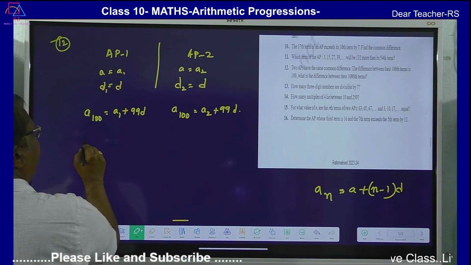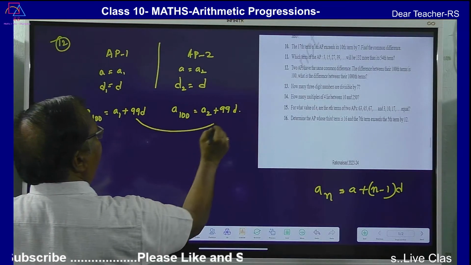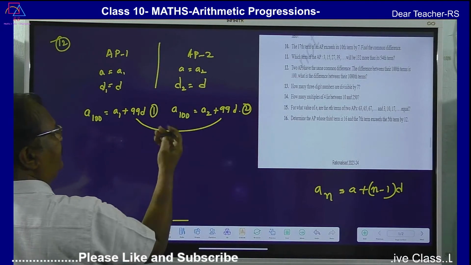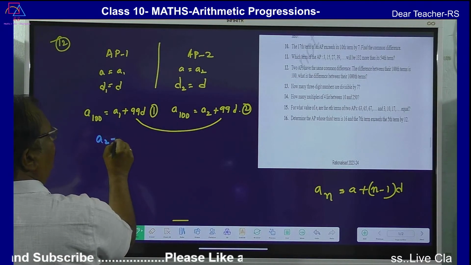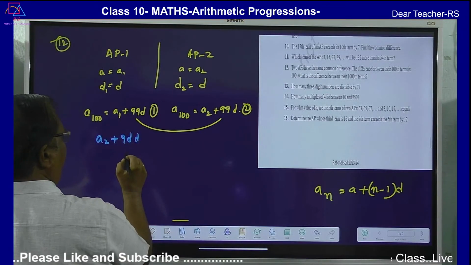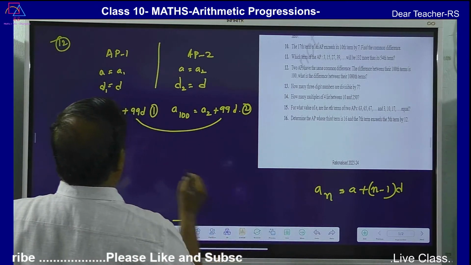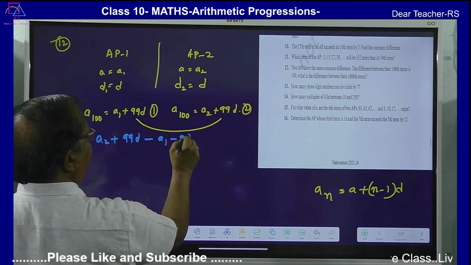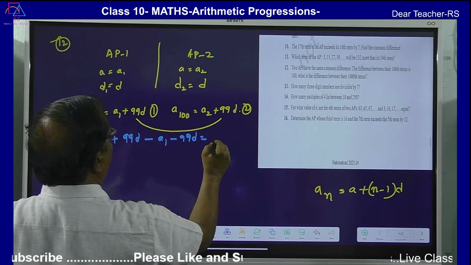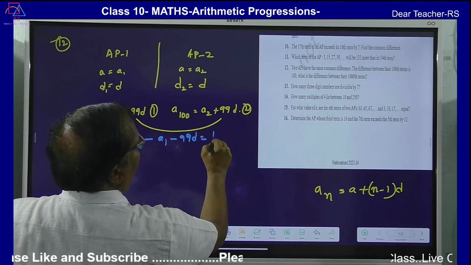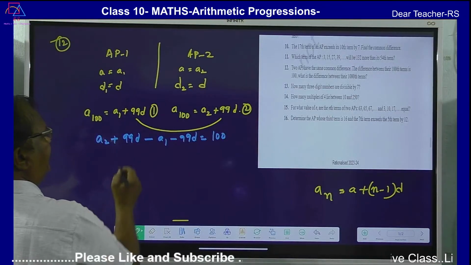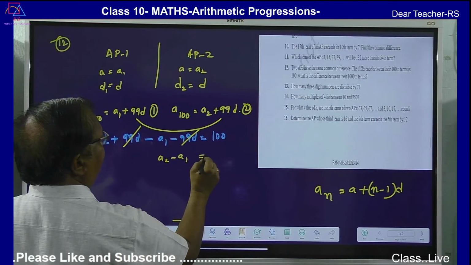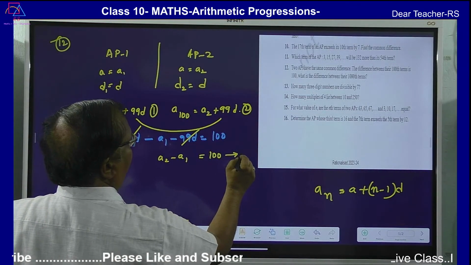Their difference, we don't know which one is bigger, so A2 plus 99D minus A1 minus 99D is equal to, how much is given? 100. So here 99D will get cancelled. A2 minus A1 is equal to 100. This is a third equation.